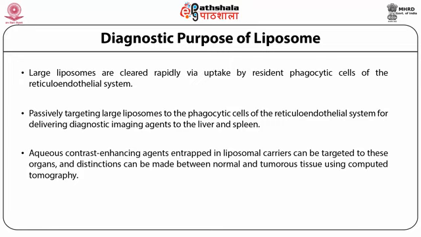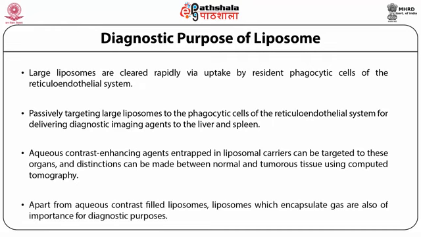Aqueous contrast-enhancing agents entrapped in liposomal carriers can be targeted to these organs, and distinctions can be made between normal and tumorous tissues using computed tomography. Apart from aqueous contrast-filled liposomes, liposomes which encapsulate gas are also of importance for diagnostic purposes.